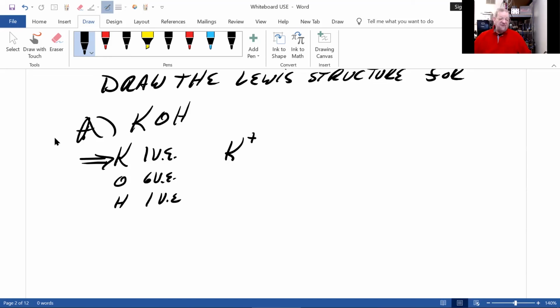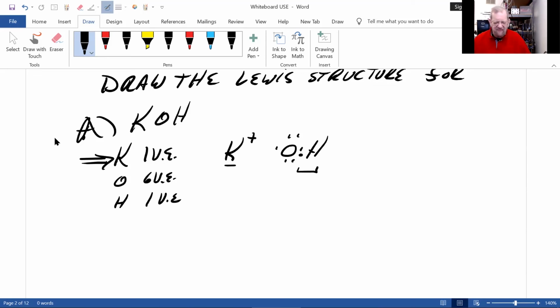Never an exception to what I just told you. So it's going to form its +1 ion. You learned how to determine what ion. Oxygen has 6 valence electrons and hydrogen has 1, and it says let's share.